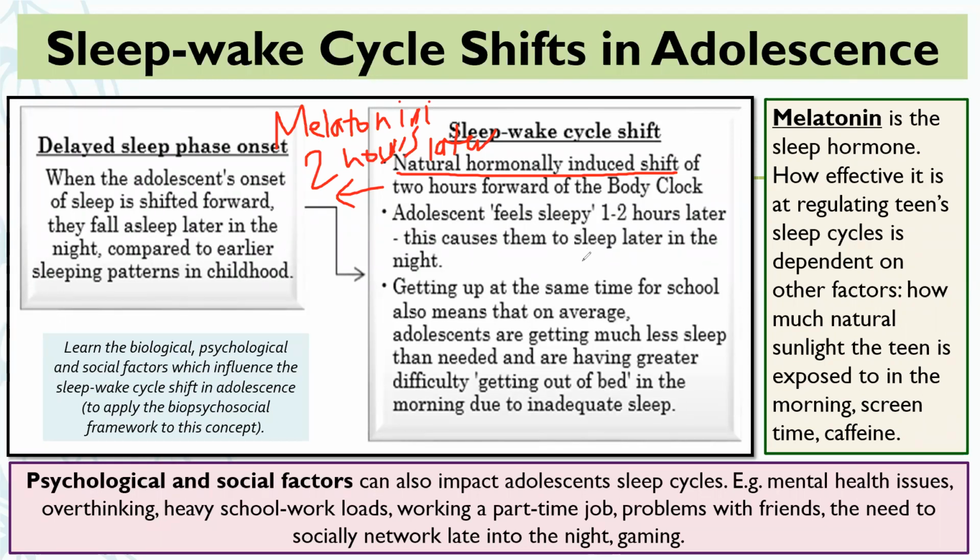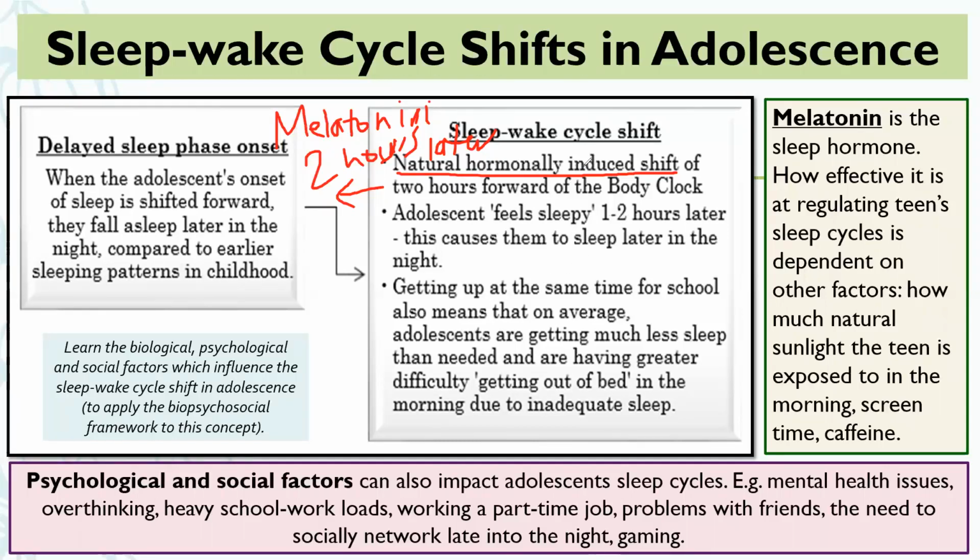So for you guys now, melatonin might be released only at about 10 o'clock, which is much later than it had been released in childhood. And so you're only going to feel sleepy about 1 to 2 hours after that. So probably you might only feel sleepy at 12 o'clock. No matter how hard you try to go to sleep at 10 o'clock or at 9 o'clock, you can't fall asleep because your brain is just not ready. The melatonin hasn't been released.